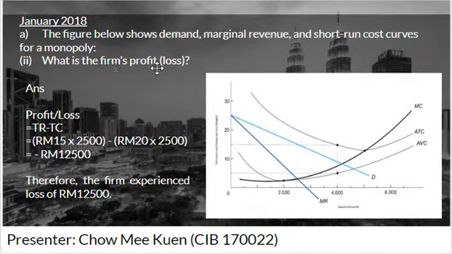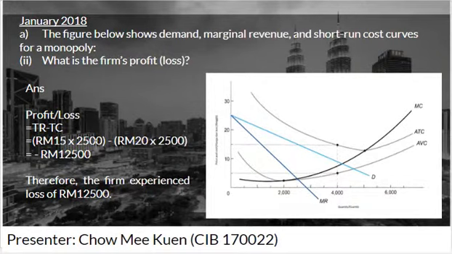What is the firm's profit or loss? If you want to find the profit or loss, you can just use total revenue minus total cost. Here, 15 ringgit times 2,500 units of output, minus the total cost, which is 20 ringgit per unit times 2,500 units of output.